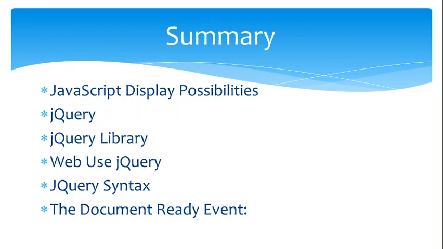Okay, so these are the things we completed today. In the next class we will do the practical also, and go with other methods like selector, HTML manipulation and all that.